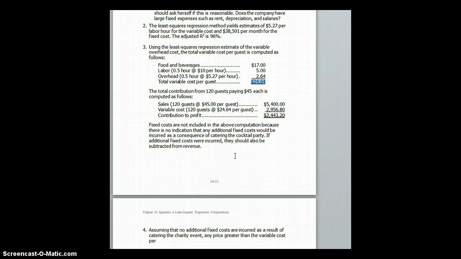Moving on to part 4, it said, how low could Lee bid for the charity event in terms of a price per guest and still not lose money on the event itself? Well, as a result, Lee could bid this job at $24.64. If Lee was to bid this job at $24.64 per guest, Lee would break even.